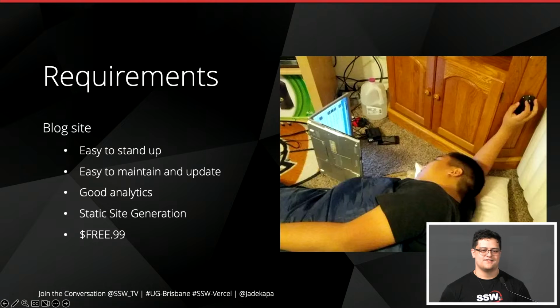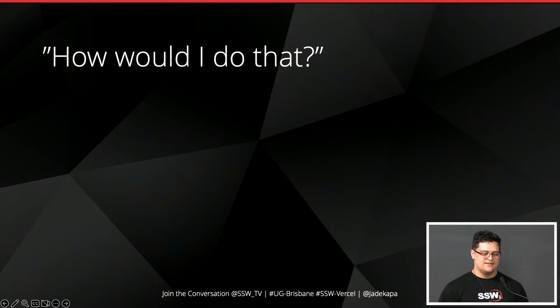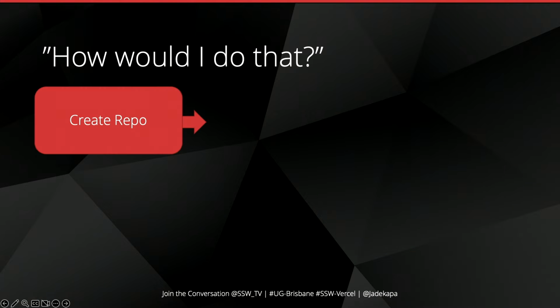Here's what I ended up doing instead. And I thought about why I ended up being lazy and not starting this project. And I found that the question that would trigger it is, how would I do that? How would I start this migration? Well, I would have to create my repository, and then I would need to find somewhere to host it. And I chose Azure, because that's what I knew at the time.